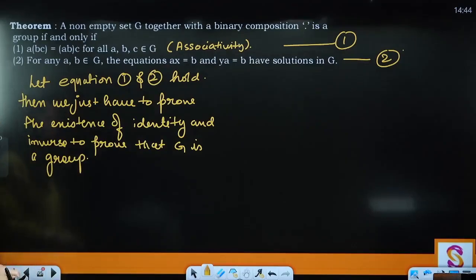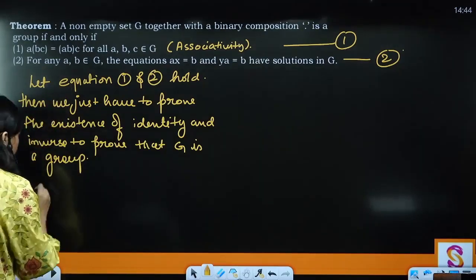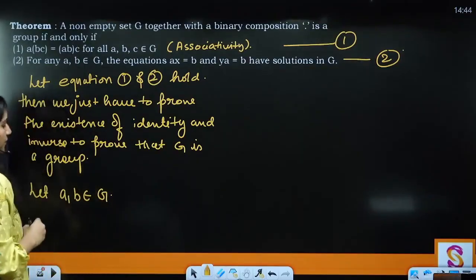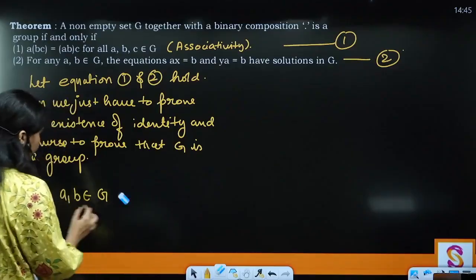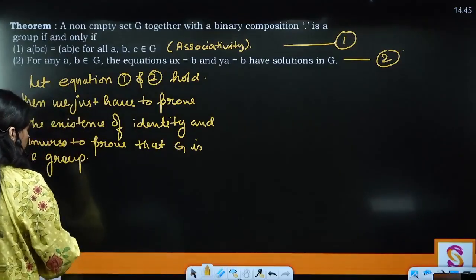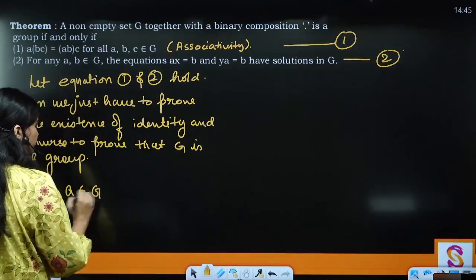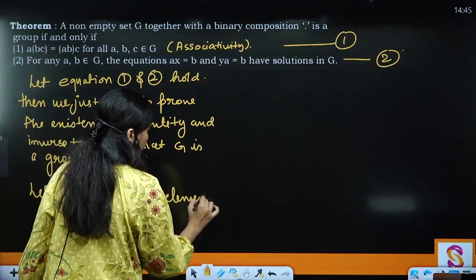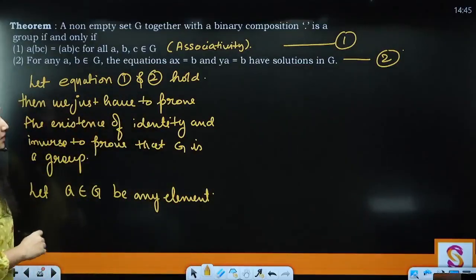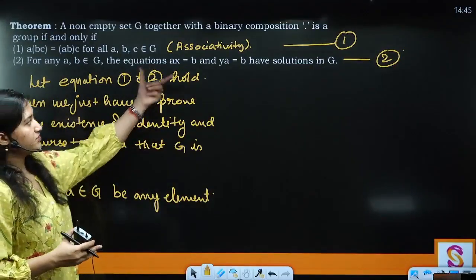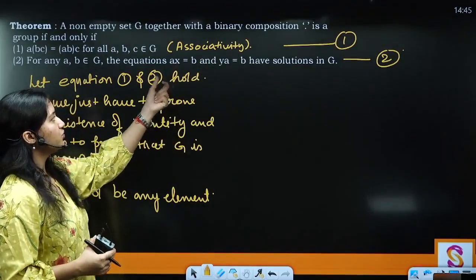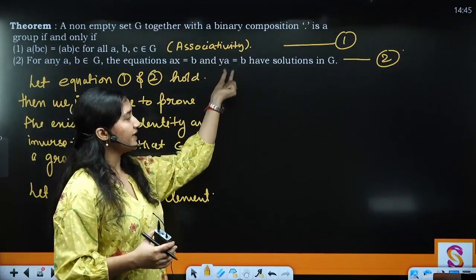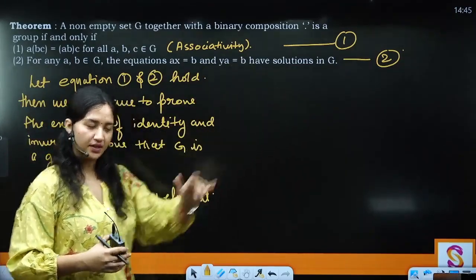Now if the second is true, let A belong to G, be any element. If these two equations have solutions, is it going to be true that AX equals A is also going to have a solution? And similarly YA equals A is also going to have a solution. Clear?